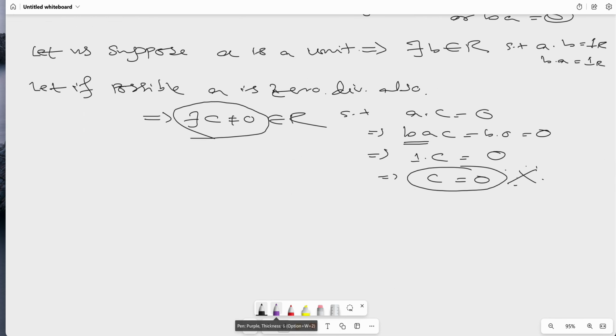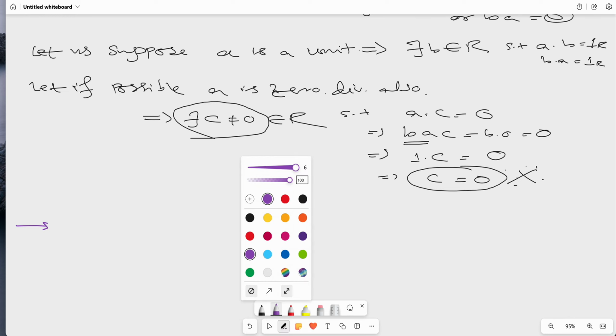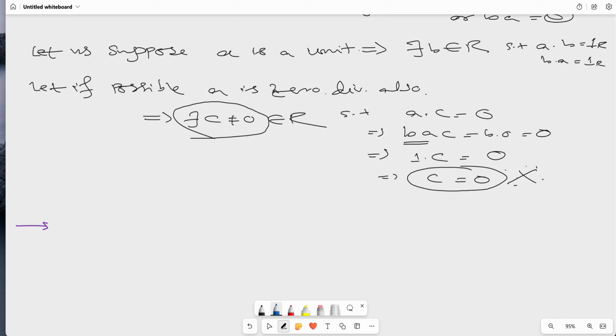So I'm writing a statement here. A unit cannot be a zero divisor.